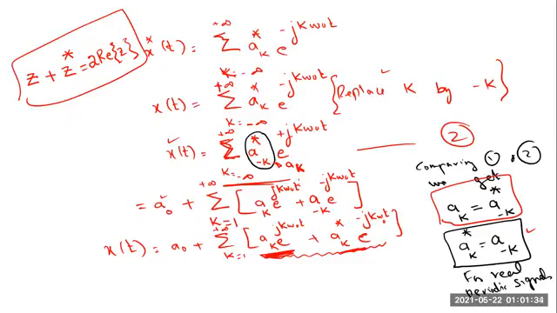Okay. This is the result that you use in your complex number analysis. So this is what I'm going to do. This number plus the complex conjugate of this thing can be replaced by 2 times the real part of ak e to the power jk omega naught t, where k is from 1 to plus infinity.